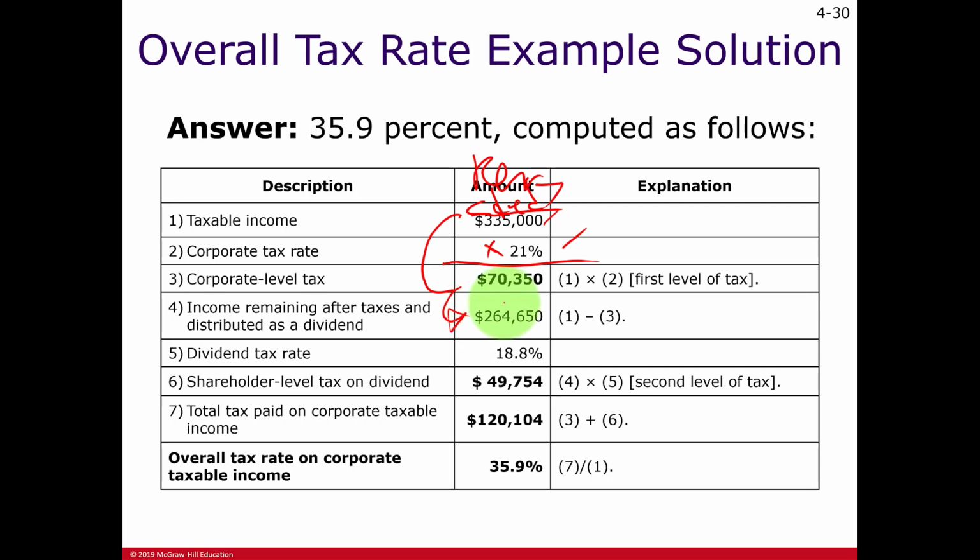So that's $264,650, and Nicole will pay a tax rate of 18.8%, giving her an individual tax of $49,754. So if you add up the tax for the corporation with the tax for the individual, the total taxes for her and her corporation is $120,104.